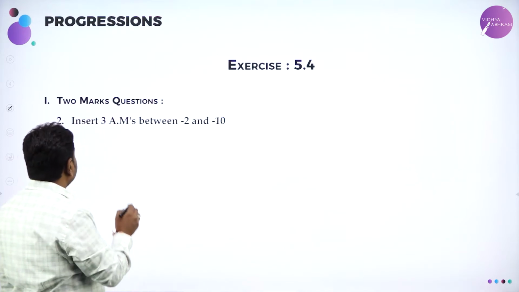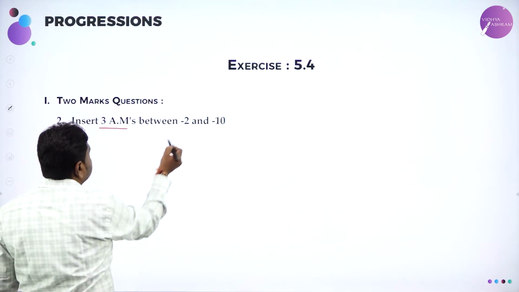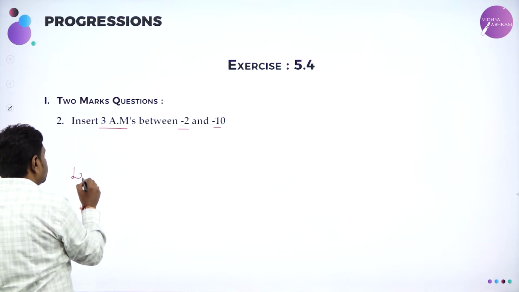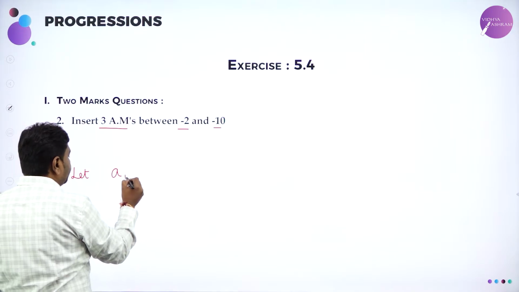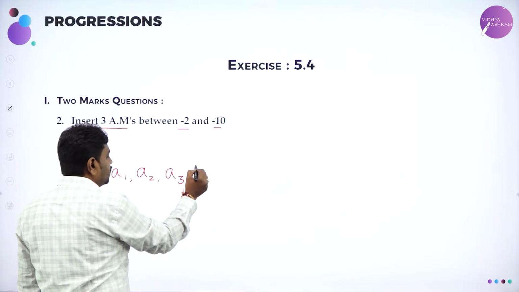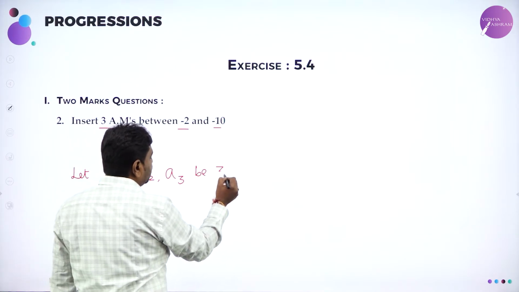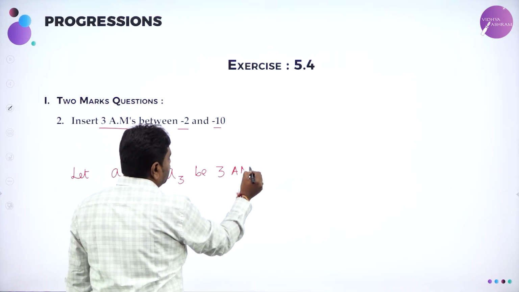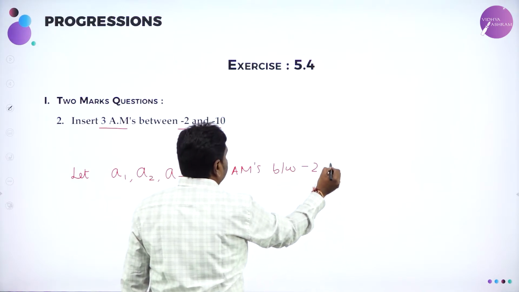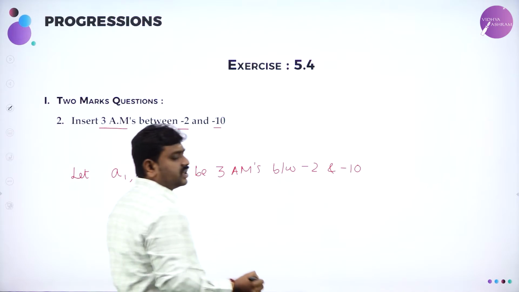Now, insert 3 arithmetic means between minus 2 and minus 10. So let us assume, let A1, A2, A3 be 3 arithmetic means, 3 AMs between the numbers minus 2 and minus 10. They want you to insert 3 arithmetic means.